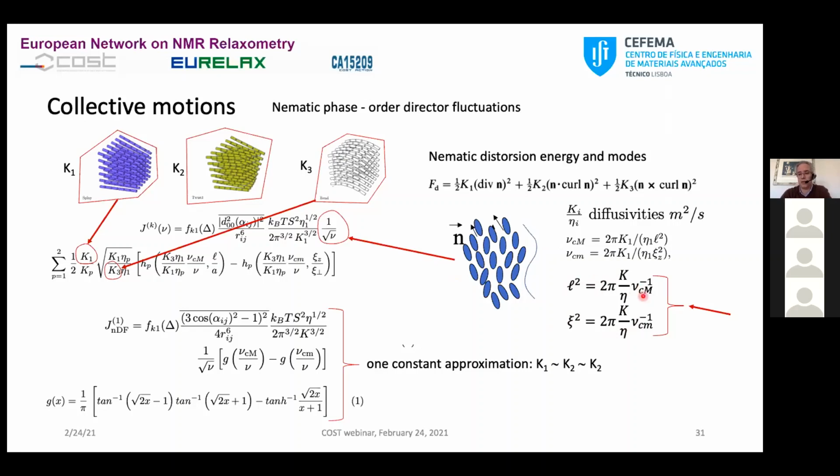So there are two natural limits, the size of the molecule and the coherence length, and they are related with the ratio between the elastic constant and the viscosity, which is called diffusivity, which has the same units as diffusion. So in any case, this kind of collective motion is described and has limits which can be related with the size of the molecule in one limit and with the size of your sample in the extreme low limit.